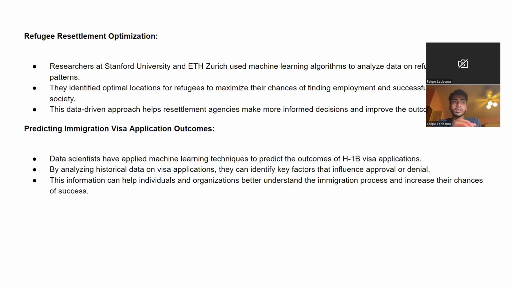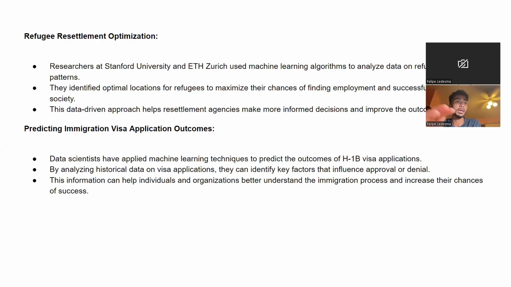Now let's go to the topic and the implementation of this. Data science implemented on immigration. So there are a few studies, for example, research by Stanford University and ETH Zurich that used machine learning algorithms to analyze data on refugee settlement patterns. It means we have people in those settlements gathering information.